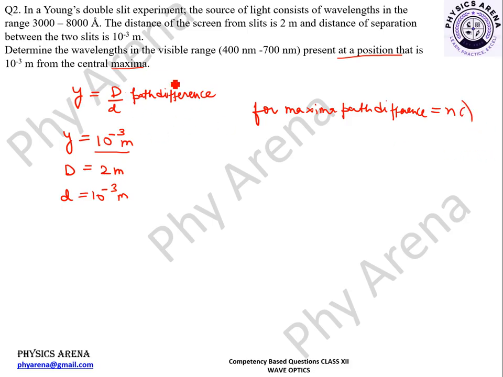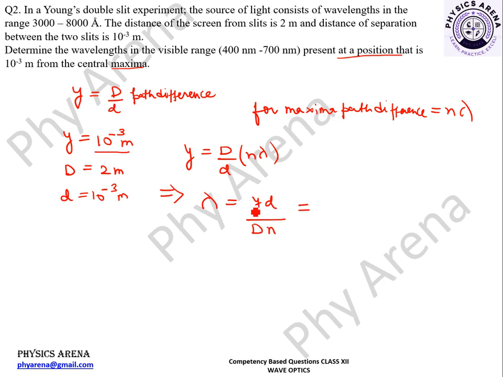So y is equal to capital D upon small d multiplied by n lambda, and from this I can find the value of lambda. So lambda will be equal to y times small d divided by capital D multiplied by n.